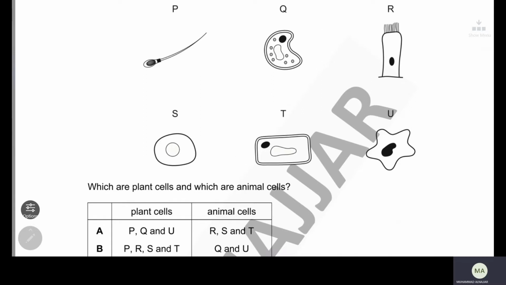If you do so, it will be automatically solved. P is a sperm. Here there is a cell wall, a nucleus, a chloroplast, and a vacuole. So it is a plant cell, and mostly it is a spongy mesophyll.